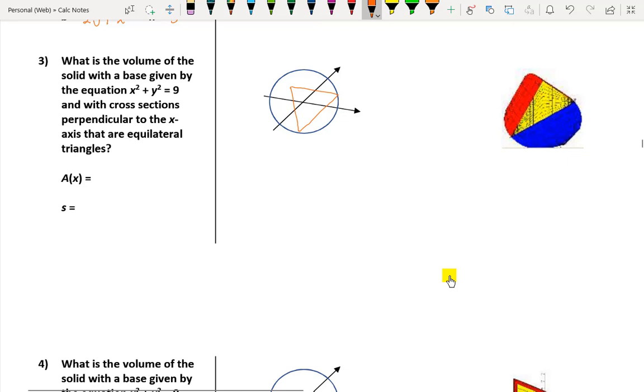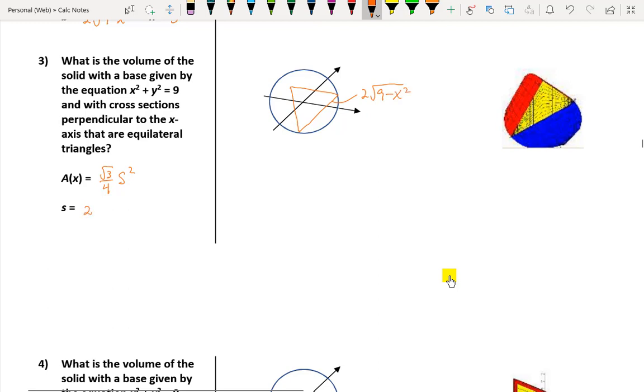And so the area of the triangle is, and this formula was on the very first page, root 3 over 4 times side squared. All right, where again my side, all 3 sides are the same, so the side here is going to be 2 square root 9 minus x squared.